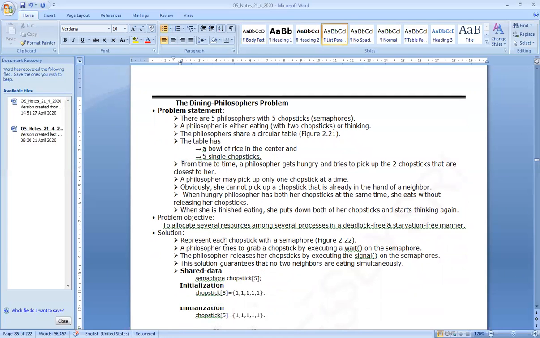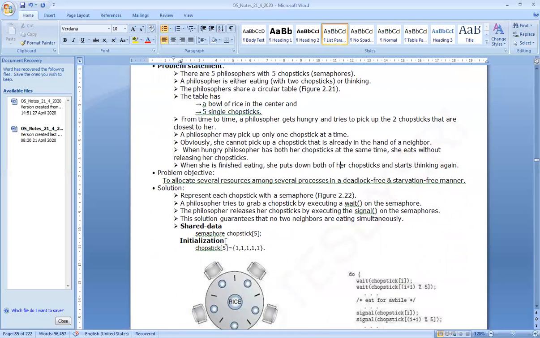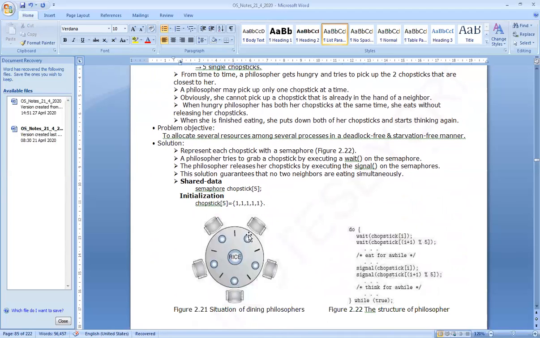All these problem conditions are shown in the diagram. This is the table where five philosophers are sitting: one, two, three, four, and five. All five philosophers have a chopstick. This philosopher has a chopstick here, here, here, and here, and this philosopher has one more chopstick.